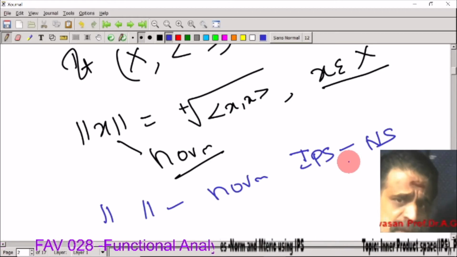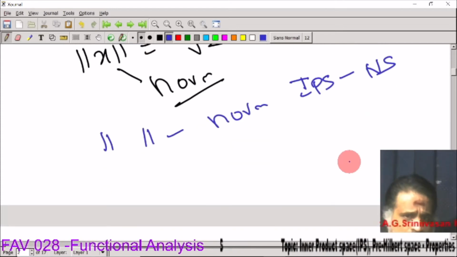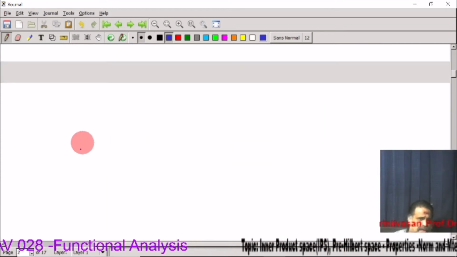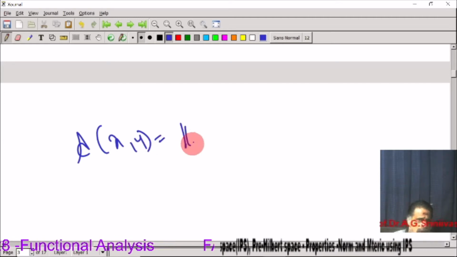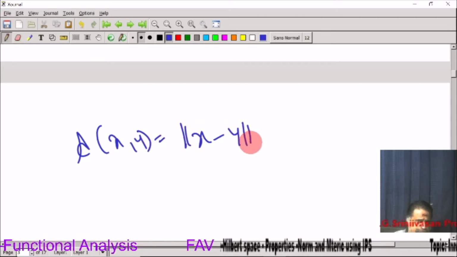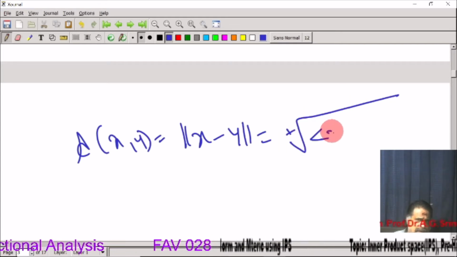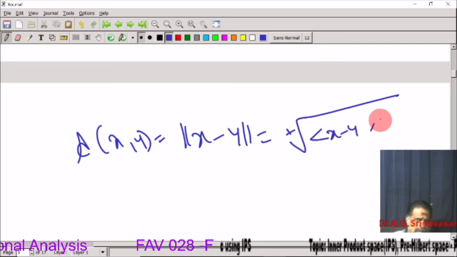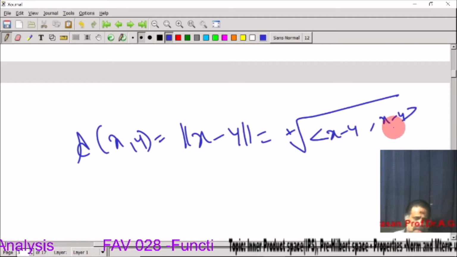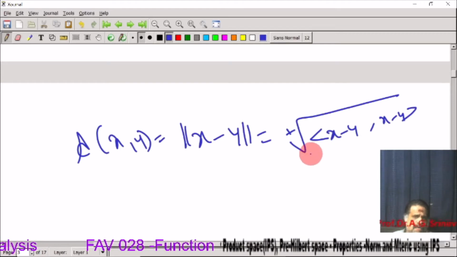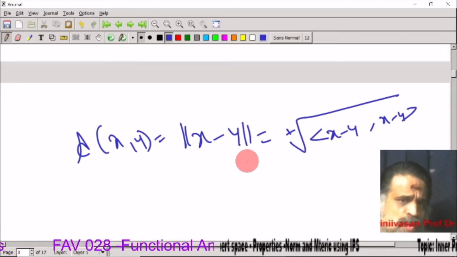Now, if x is an inner product space with a norm, we'll define d of xy as norm x minus y, which is the positive square root of the inner product of x minus y comma x minus y. So take the inner product of x minus y and x minus y, which is a real number, take a positive square root of that, that is defined as norm x minus y.